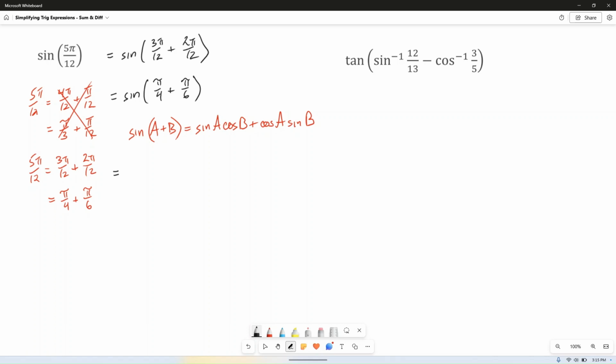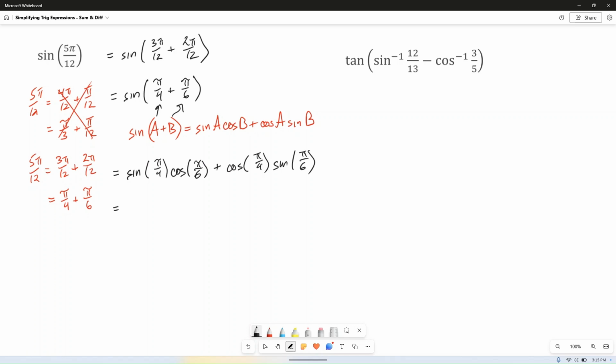So we're going to get that this is equal to the sine of pi over 4, because that's my A, times the cosine of pi over 6, because that's the B, plus the cosine of pi over 4 times the sine of pi over 6. And these four expressions are all unit circle values.